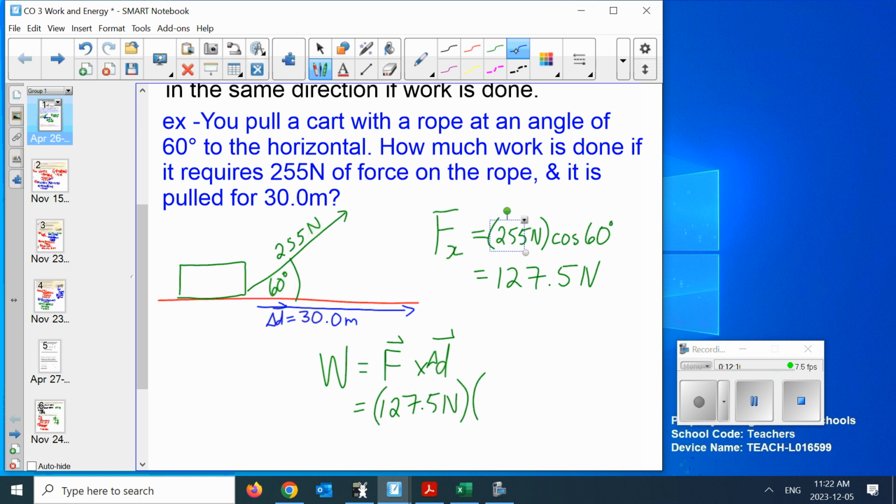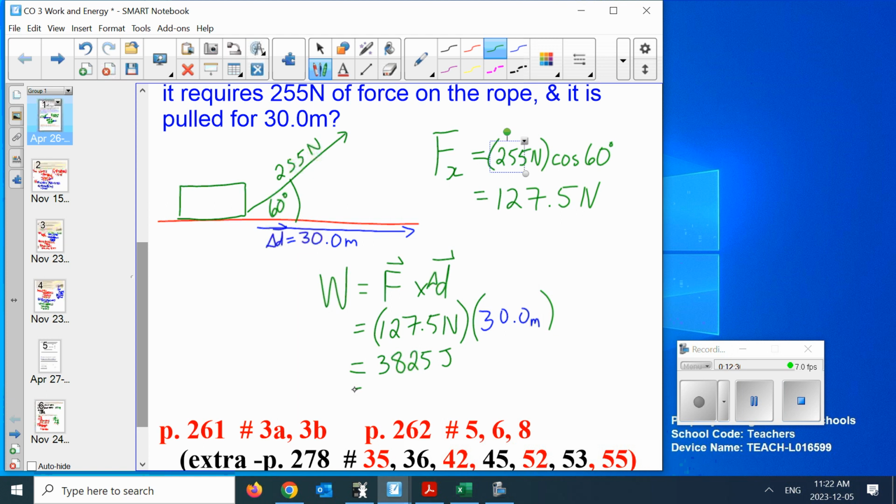And the 30 meters, the same direction. Newton times a meter is joules. So 3825, but I'm going to round that. 3830. That is 3 significant. That's right. You have to break it down to what's in what direction. We'll pause.